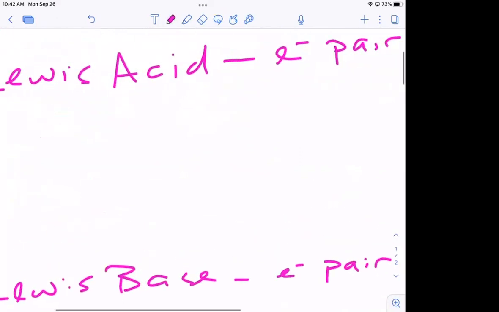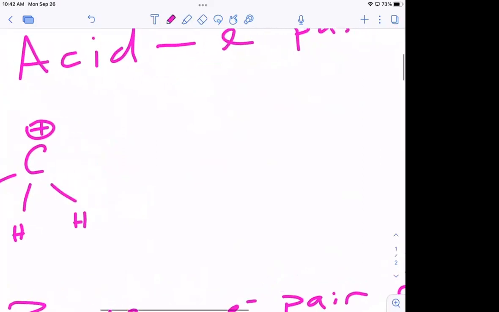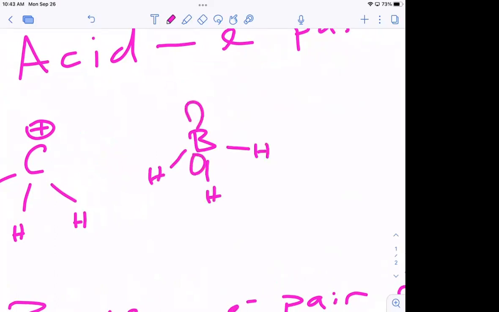In the case of a Lewis acid, something like a cation will be considered a Lewis acid. Something with an empty orbital, like boron, it's got an empty p orbital, so it can take a pair of electrons.